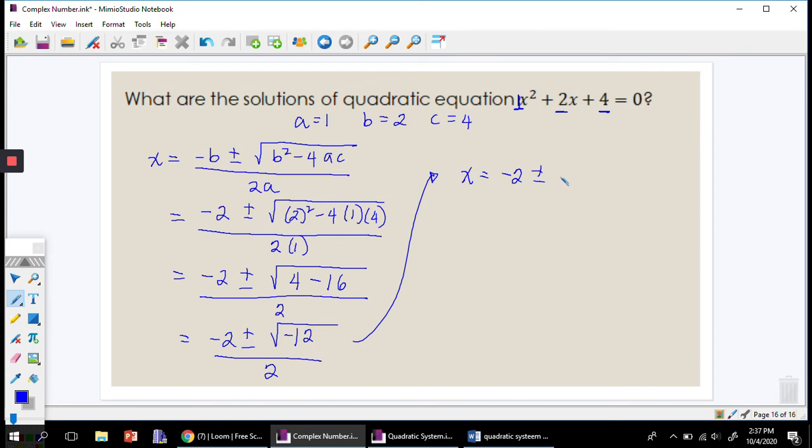So the factors of 12 are, let's list down, 4 times 3, 6 times 2, 12 times 1, right? Among these pairs of factors, which of them gives you a perfect square? One of the factors should be a perfect square.